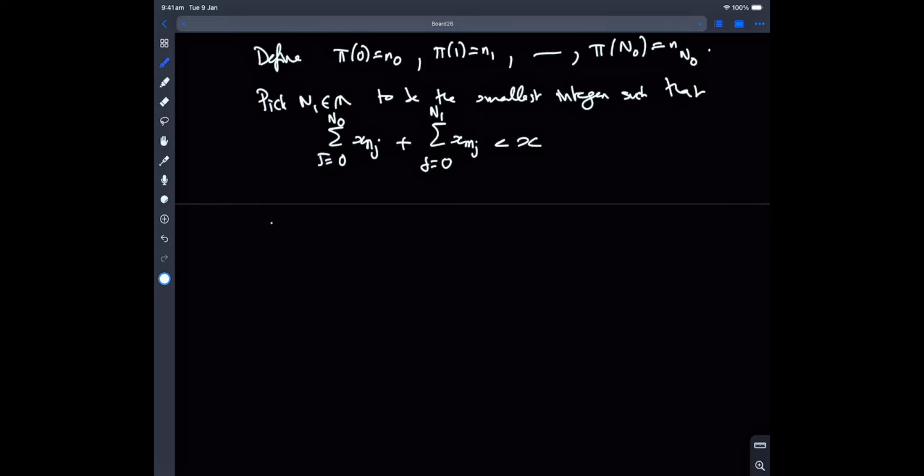I'm going to define pi of N_0 plus 1 to be m_0, pi of N_0 plus 2 to be m_1, and I'm going to keep going until I reach pi of N_0 plus N_1 plus 1, which will be little m of N_1.